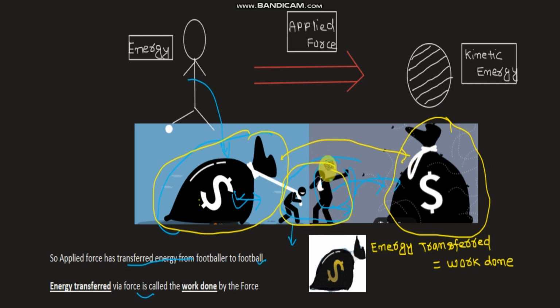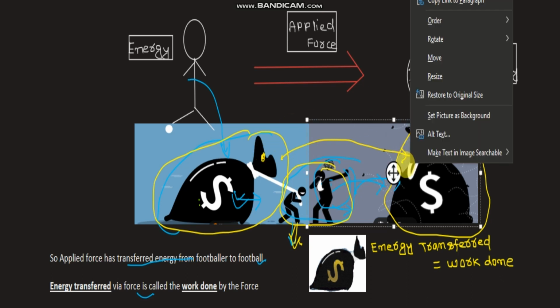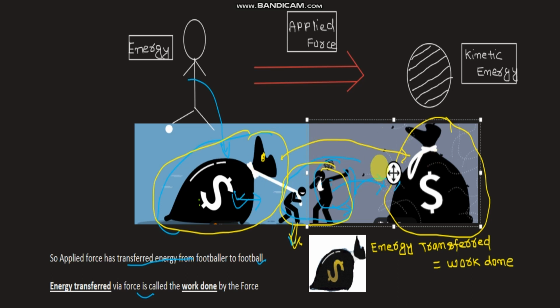This person. Who is this person? This is the applied force. So the applied force is transferring energy from footballer to football, and this transferred energy is nothing but work done. We say that this applied force has done work, and that work done is equal to the energy that has been transferred from footballer to football.